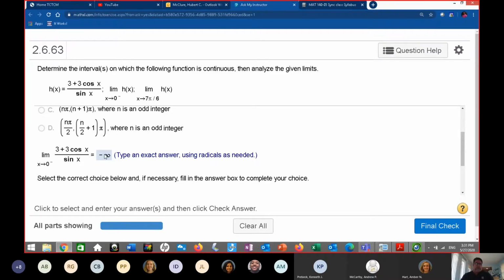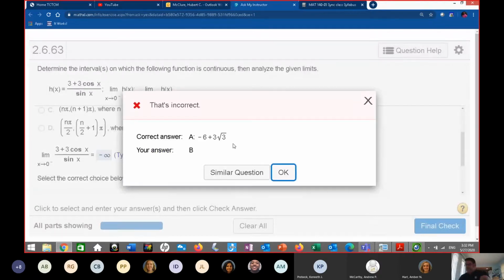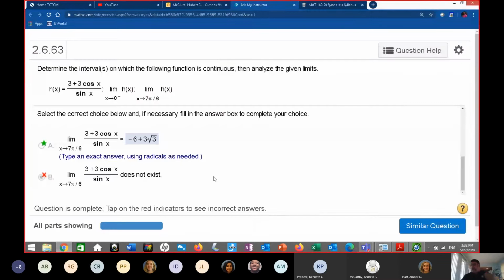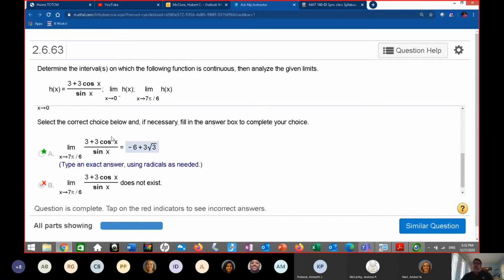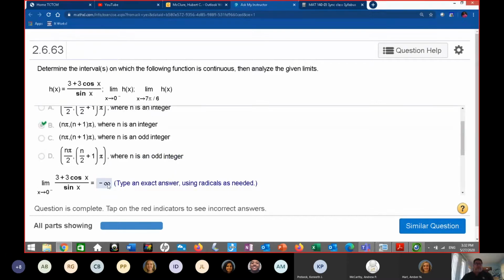I guess that's the answer, but I don't know why they have the negative infinity. It goes from negative infinity to positive infinity, but I don't know if that's the answer because it doesn't have a red thing beside it, and it's not green like this one. I would say infinity. Can anybody elaborate and tell me if it's infinity or negative infinity? Because I don't know if that's the right answer, and I can't change it.